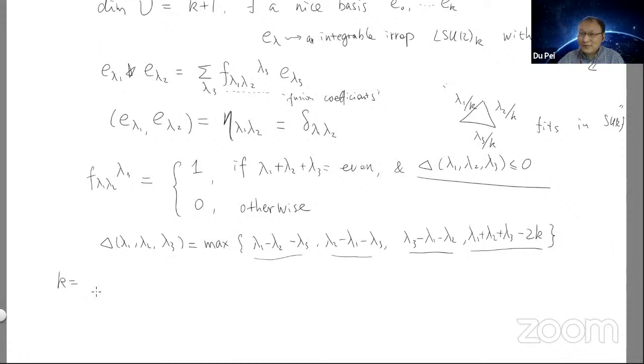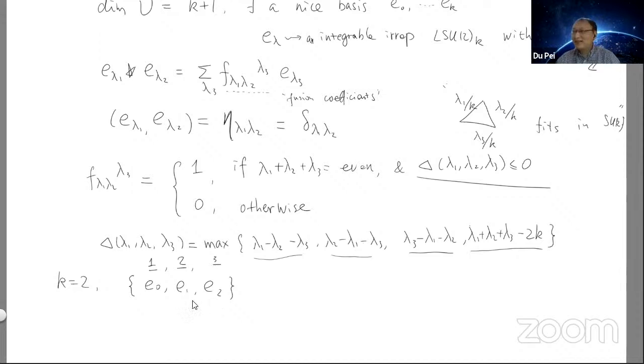For example, when k equals to 2, there are going to be 3 basis vectors denoted as E0, E1, E2. And they correspond to 3 finite dimensional representations of SL2: the trivial representation, the fundamental 2-dimensional representation, and the 3-dimensional adjoint representation.